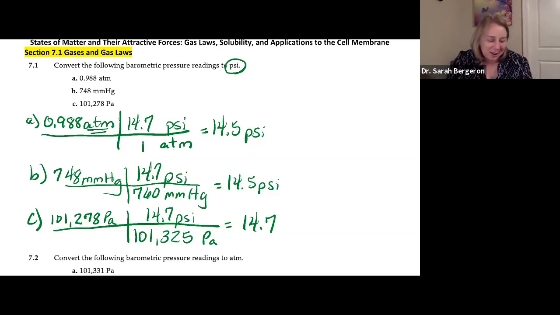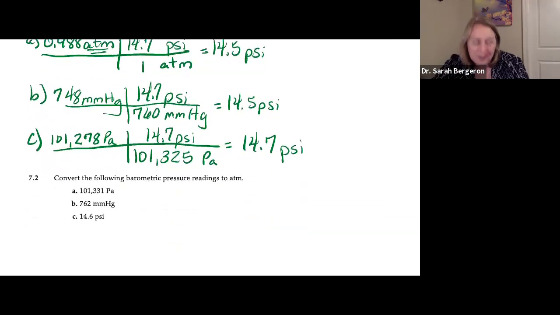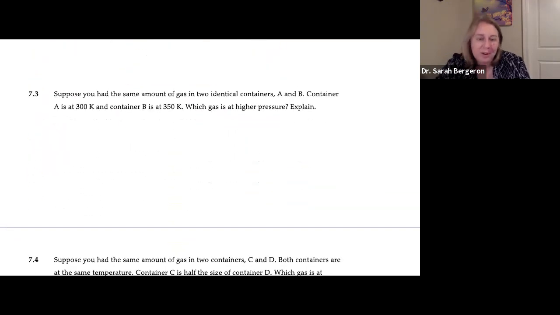So 101,325 divided by 101,325 times 14.7. It rounds to 14.7 PSI, okay. All right, let's see. Skipping that one.